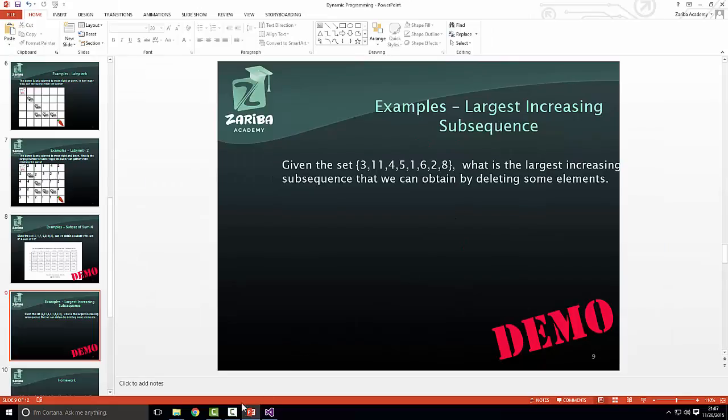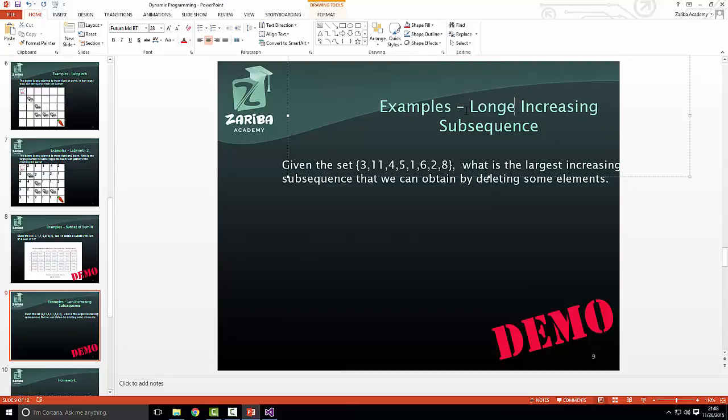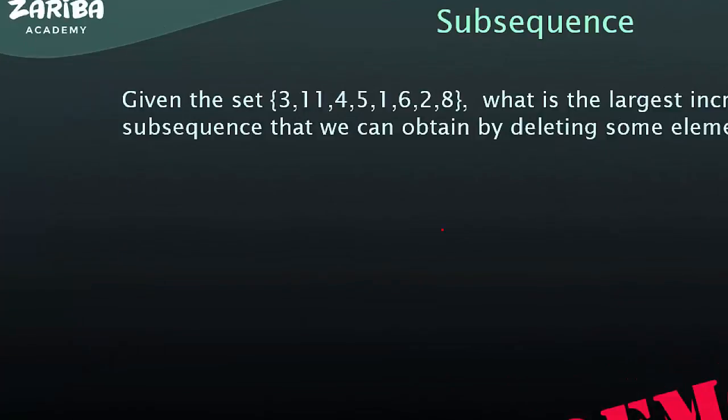Can I pause? Yeah, I will pause. That's fine. All right. To be honest, maybe we should change this to the longest, which means that after deleting some numbers, we would have to end up with a subsequence which is increasing and has the most elements possible. So by deleting the 11, the 1 and the 2, we have 3, 4, 5, 6, and 8, which is increasing and is the largest.